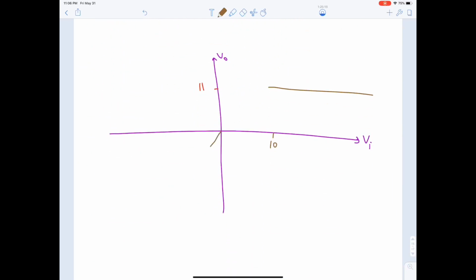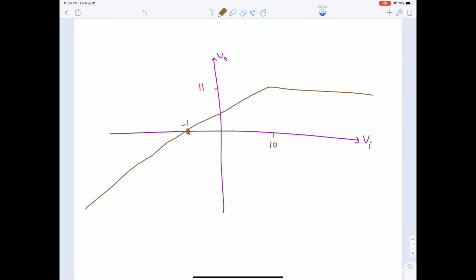VI in negative is like this, correct? Plus 1, it will be like this. But then you have to connect them. So it has to be the following. Let's reconnect them. So it has to be like this. Okay? Going through -1.